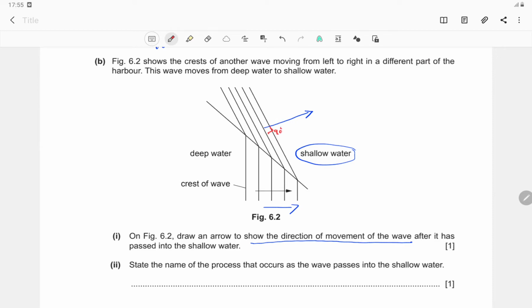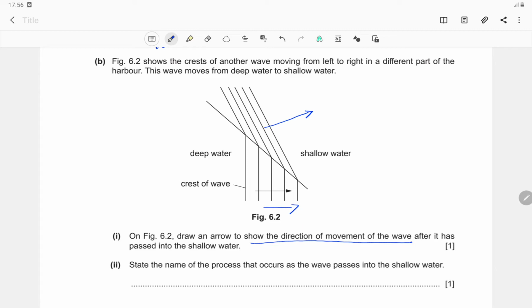It should make 90 degrees with the wave front or crest. So this 90 degree arrow is indicating the direction of the movement of the wave in shallow water. So you need to draw only this arrow. And in the question they have mentioned simply draw an arrow. So this is the correct direction.